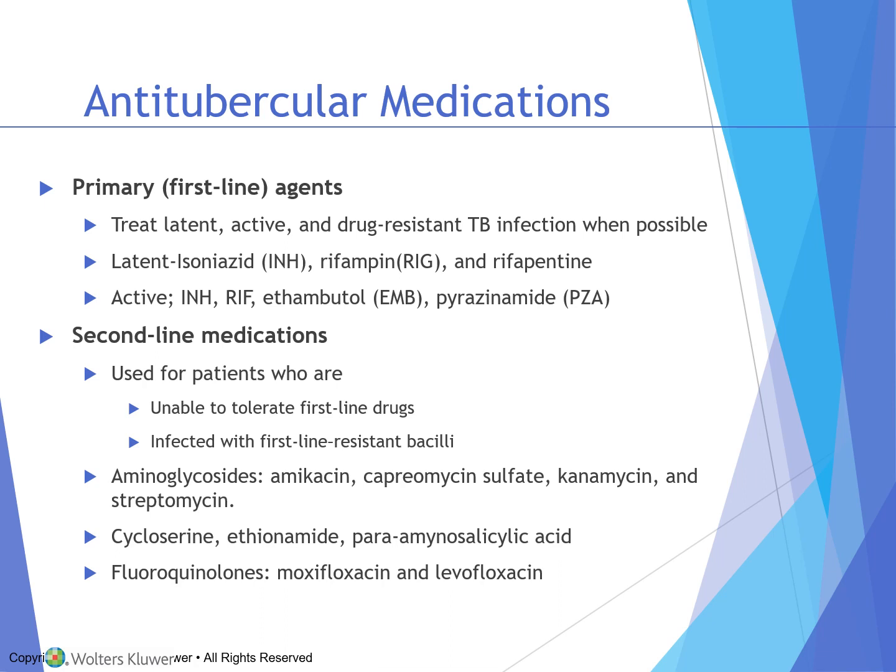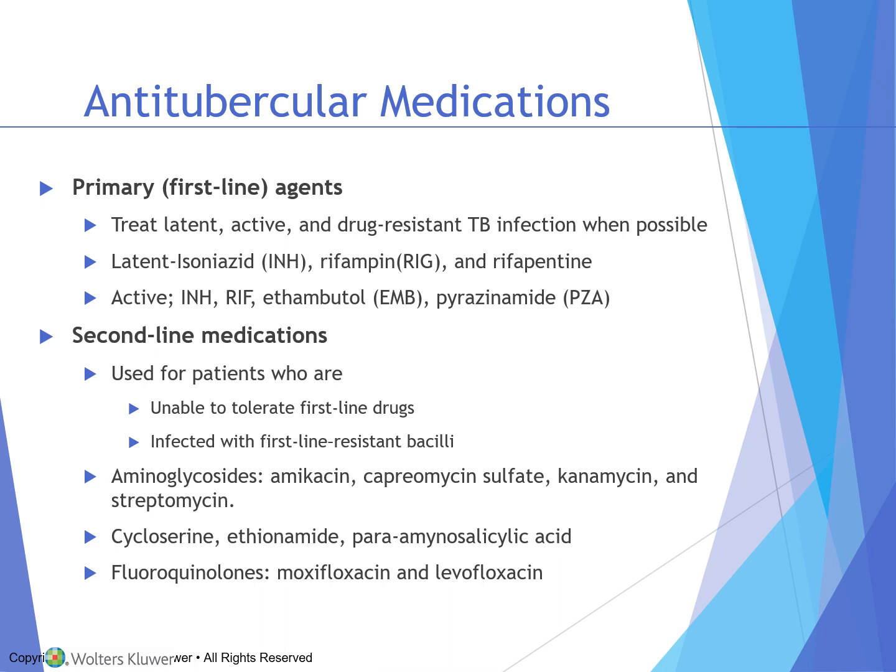We use isoniazid, or INH, and rifampin, or RIF. And then the third one is rifapentine. For the treatment of active TB, we still use isoniazid and rifampin, and then we can add ethambutol and pyrazinamide.